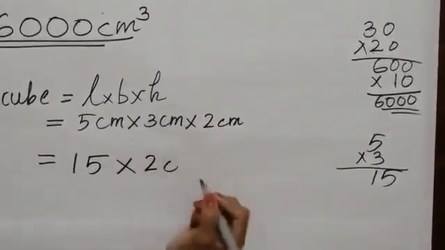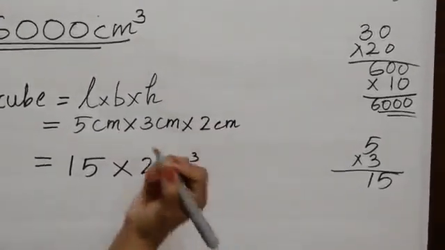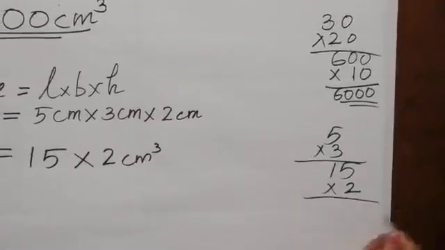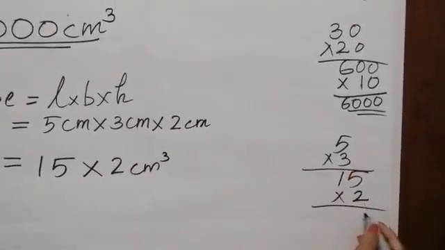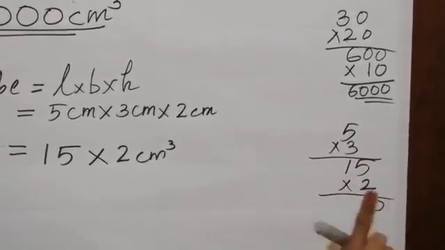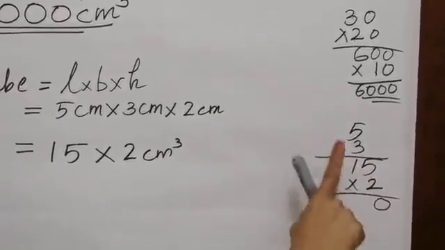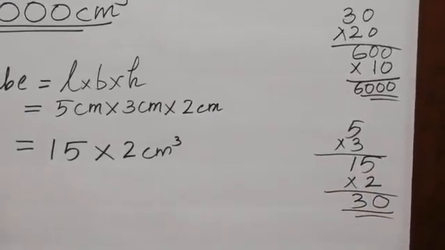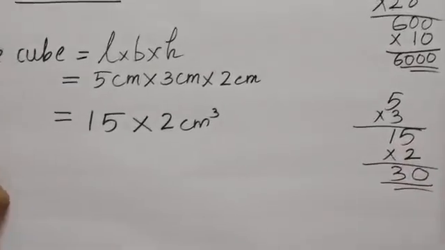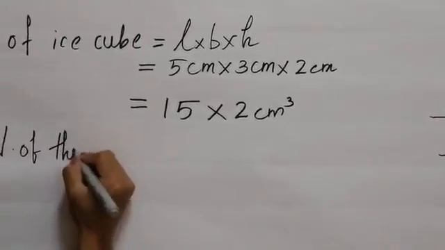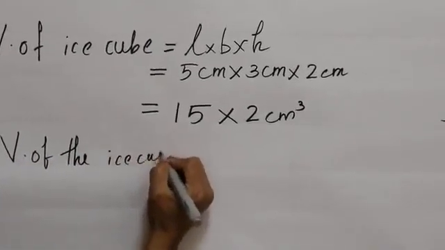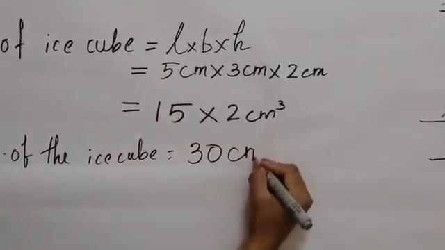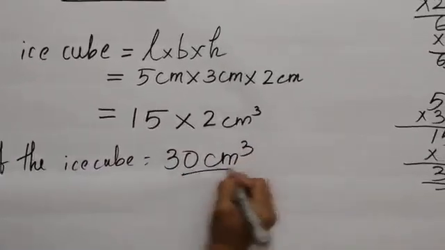So write here 2. 15 multiplied by 2. 2 5s are 10, carry 1. 2 1s are 2 plus 1 is 3. So the answer: volume of the ice cube is 30 centimeter cube.